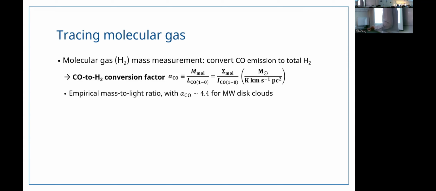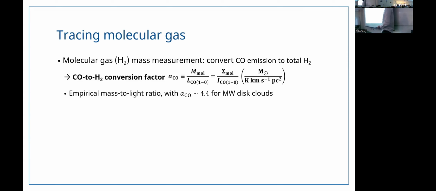to be excited. And so the most common way to trace molecular gas is to observe the second most abundant molecule, CO emission, and then people apply a CO-to-H2 conversion factor so that they can obtain the total molecular gas mass from the CO line flux. So you can think of this alpha CO as an empirical mass-to-light ratio.